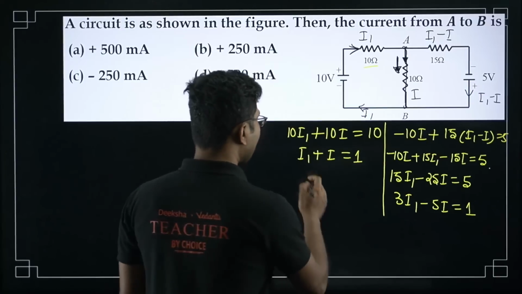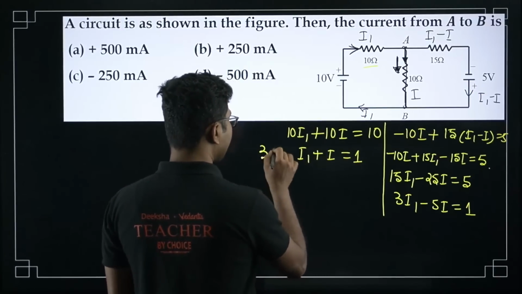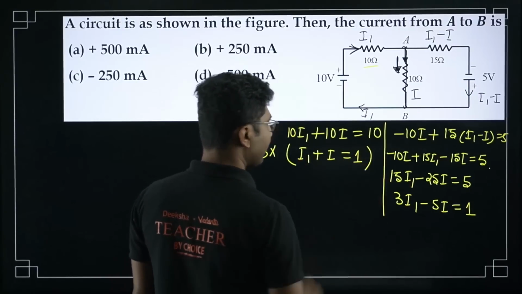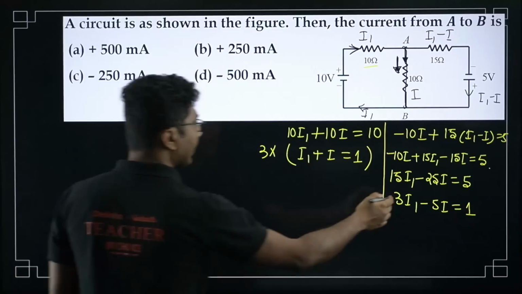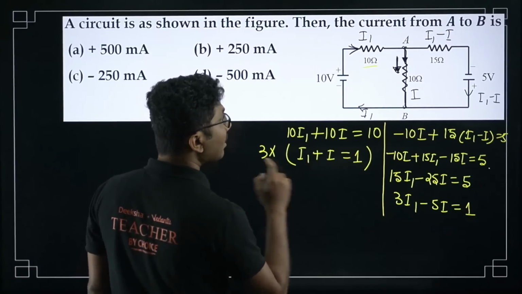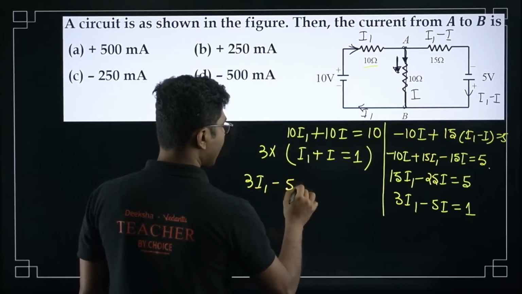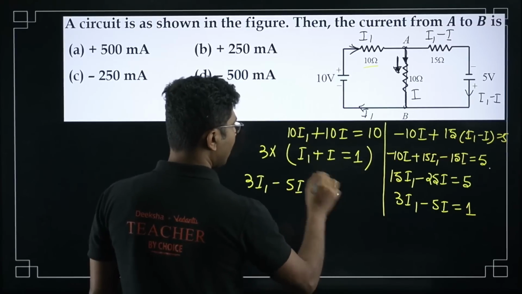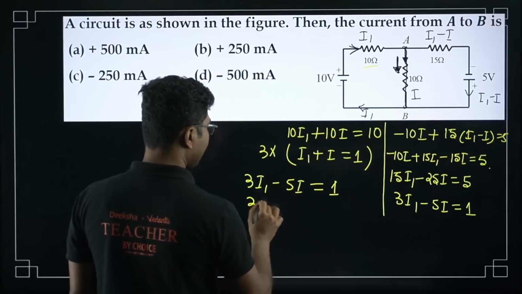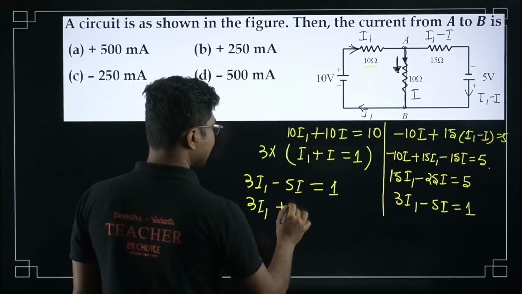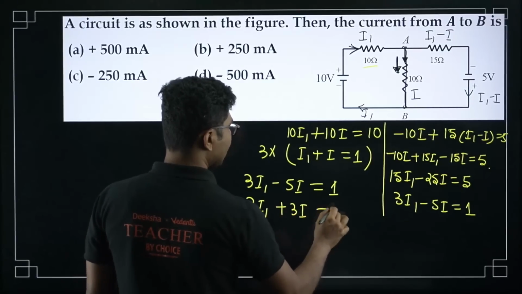So how to do that? Multiply this with 3 and then subtract it from this equation, right? So from there we get 3I1 minus 5I equals to 1, and multiplying 3 we get 3I1 plus 3I equals to 3.